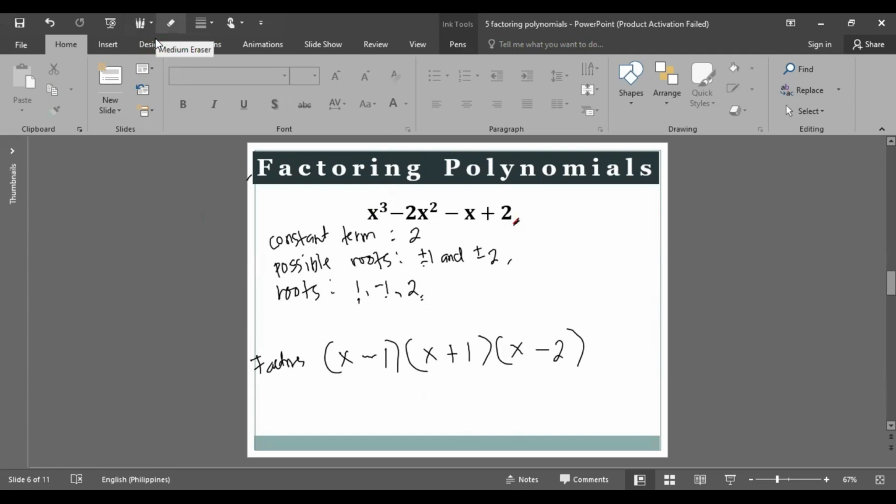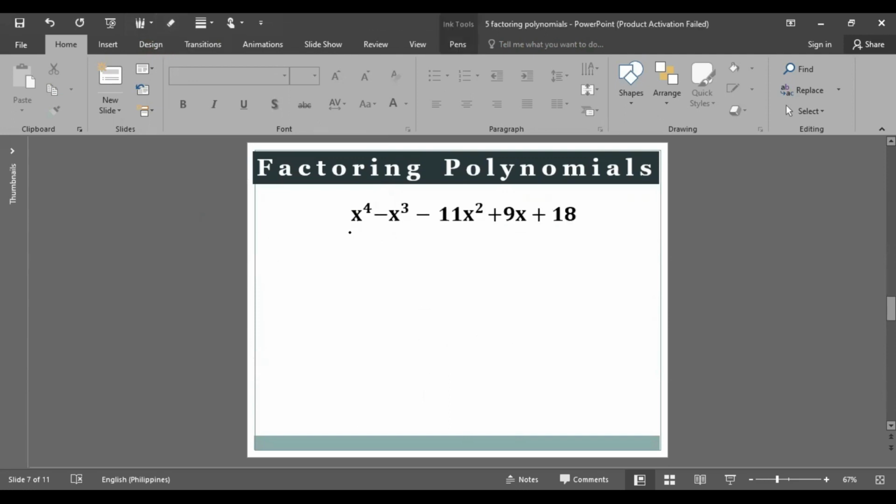Let's have another example. Let's try to get the factors of this. So what is the constant term? It's 18. What are the possible roots? So what are the factors of 18? We have 18 times 1, 9 times 2, and lastly, we have 6 times 3.